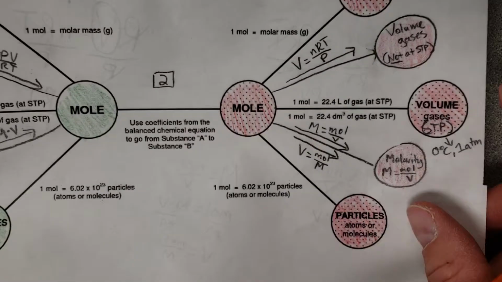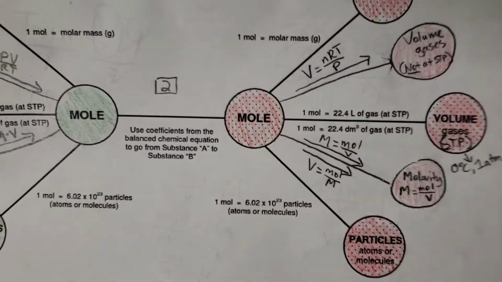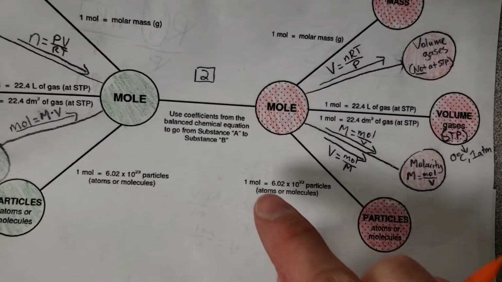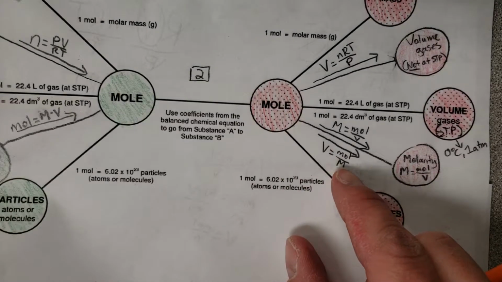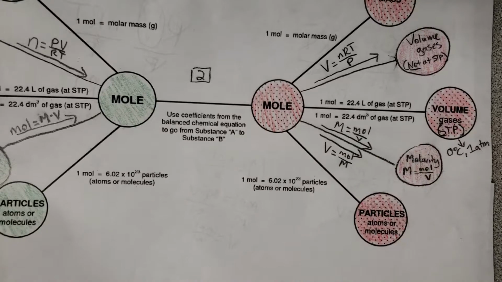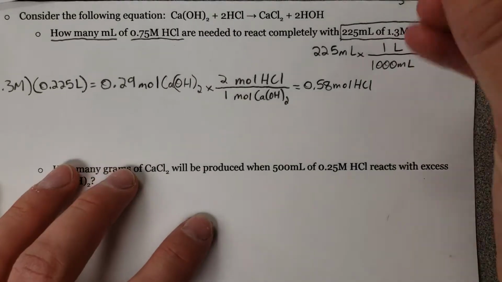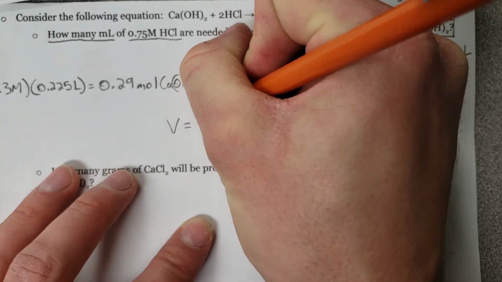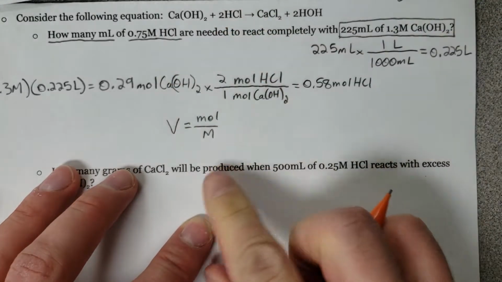Remember, this is where we need to stop because we can't just plug it in sequence. We take this amount in moles and divide it by the molarity. So you take your answer here and plug it into this equation. As we said, volume equals moles over molarity.